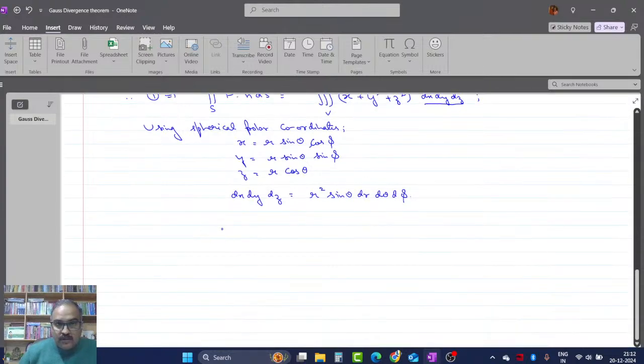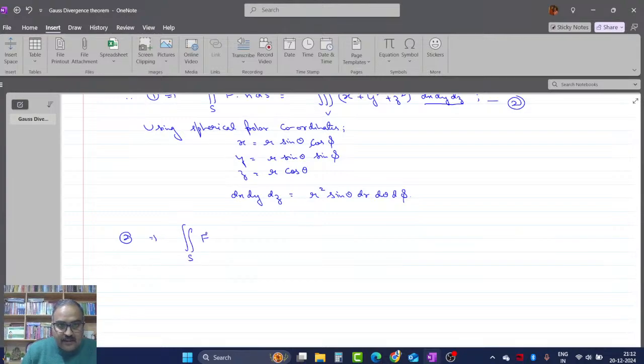So now this equation number 2 reduces to surface integral of f vector dot n cap into ds, that is equal to the volume integral. The limits of r vary from 0 to the radius of the sphere a, theta will vary from 0 to pi by 2, and phi will vary from 0 to 2 pi.